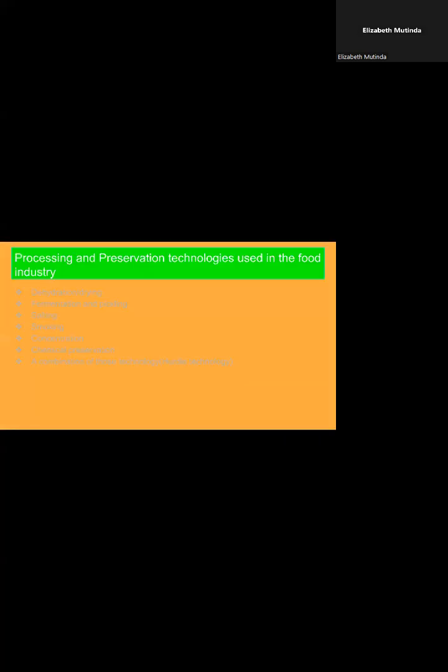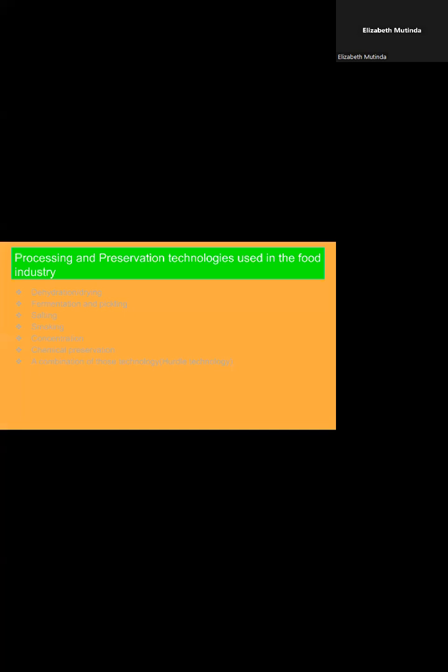And then we have various methods of food preservation, which do involve various principles, like thermal processing, which use high temperatures through the processes of sterilization, pasteurization, blanching. We also have low temperature, which do include freezing, chilling, refrigeration, cold storage, and frozen storage. We also have dehydration or drying methods.